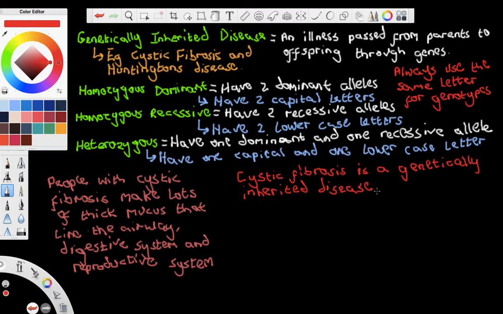People with the illness are homozygous recessive.